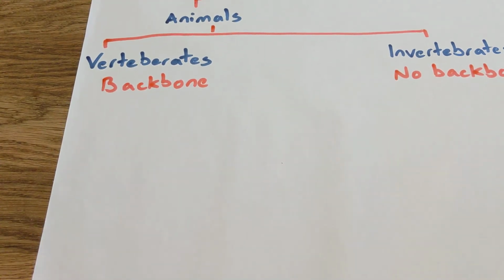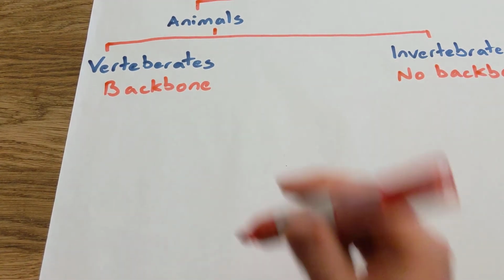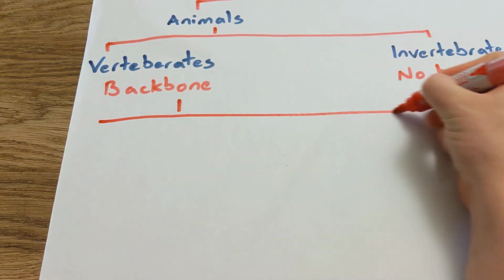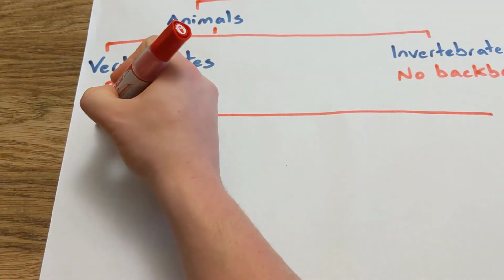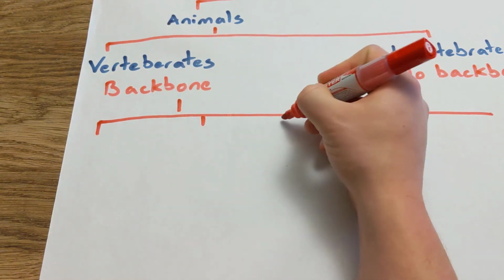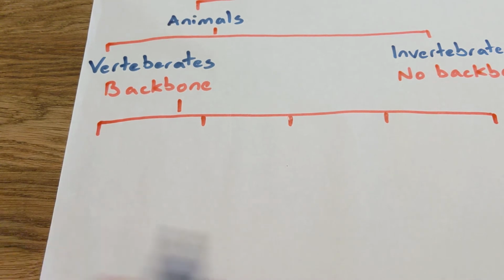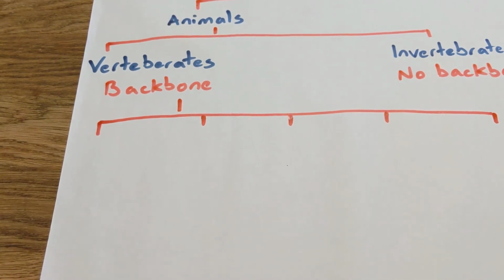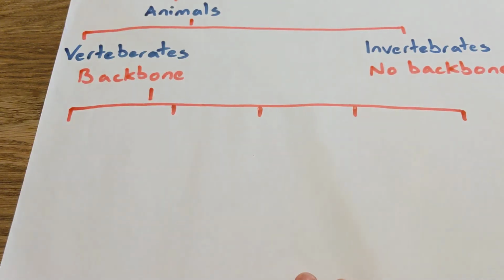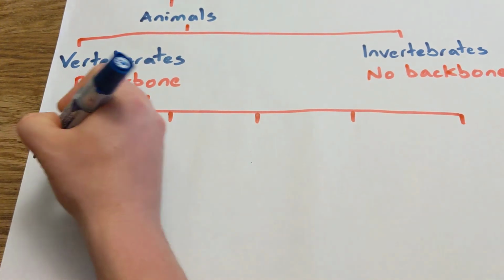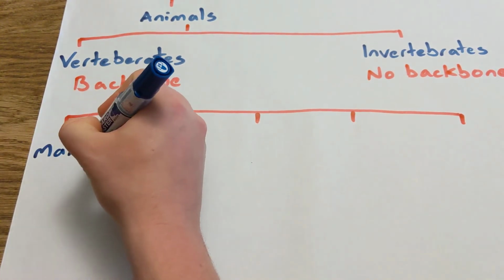And that means we're getting some more classes. And so these vertebrates can be split up into another 5 categories. So 1, 2, 3, 4, 5. And these 5 categories of vertebrates, you might already know some of these words. This might be where we get to words we already know. So, one of these categories is mammals.